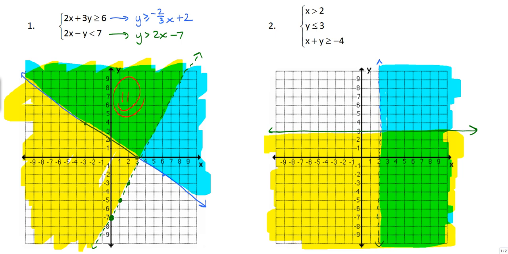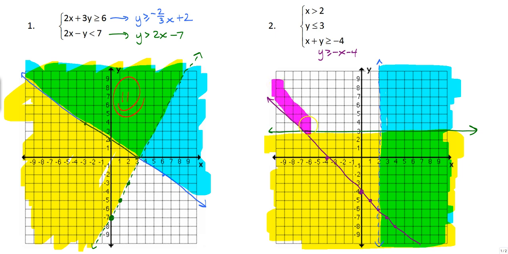The last one, again, you would probably want to manipulate this to y is greater than or equal to negative x minus 4. So we're going to go to negative 4, and we're going to go down at a rate of 1 over 1. And of course, you're going to go backwards, same way. This is a solid graph. And this is y is greater than or equal to, so we are going to be shading above this line.